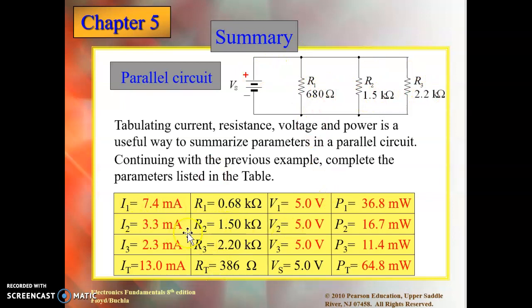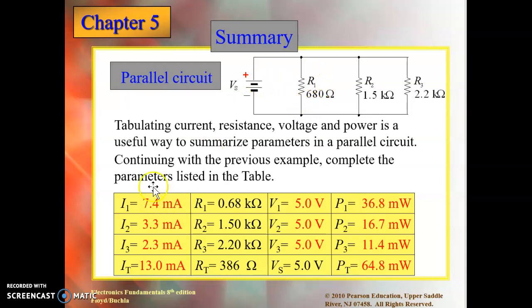So now using Ohm's law, we can find the current. The majority of the current is going to travel through the branch that has the least amount of resistance, so in that case it will be R1. So we expect that I1 is the highest of all the currents.